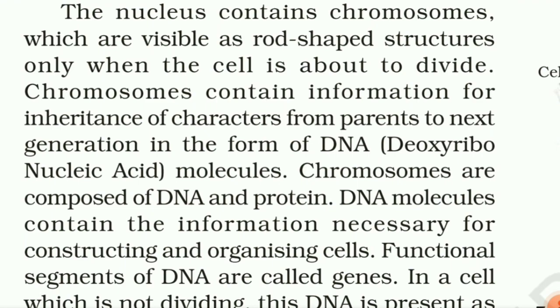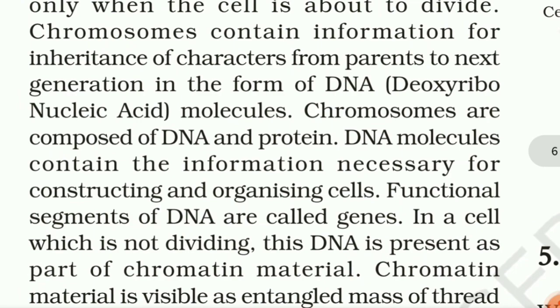So when the cells are about to divide, chromosomes contain information for the inheritance of characters. Genes are the basis of inheritance, which is how you are formed from the characteristics of your mother and your father, and some new characteristics of yourself.